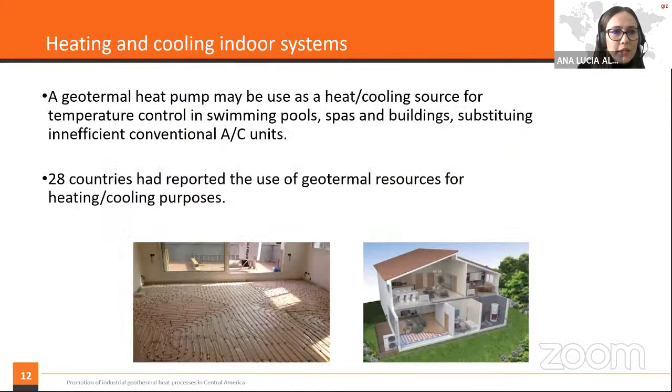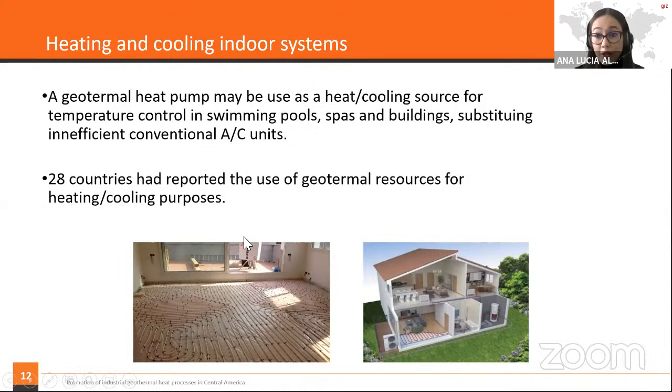Here are some examples of how this can be done. Heating and cooling indoor systems could be used in swimming pools, in spas, in buildings, substituting conventional air conditioning units with high energy demand, which could be substituted with heat pumps using direct use of geothermal.